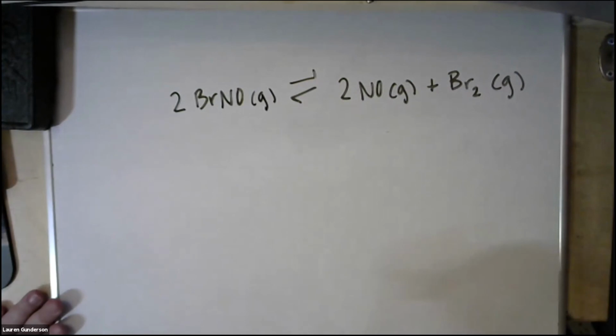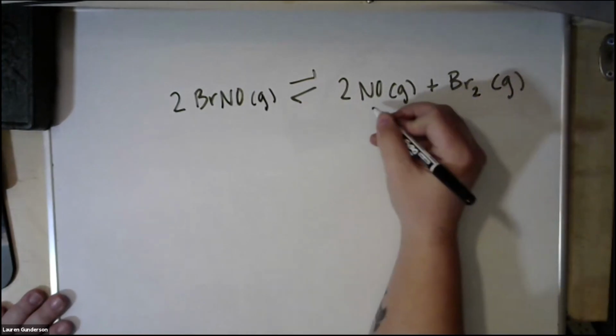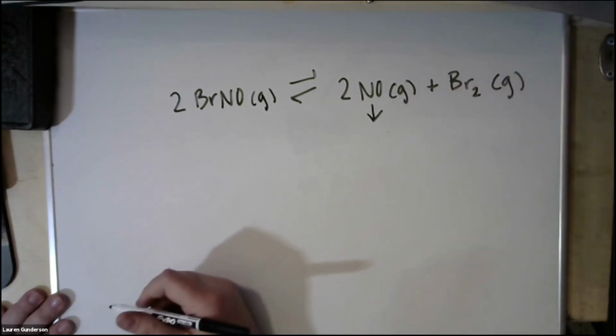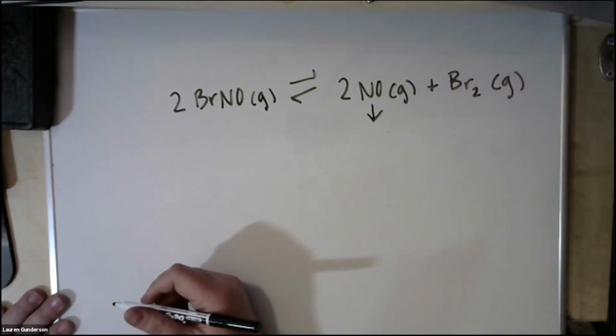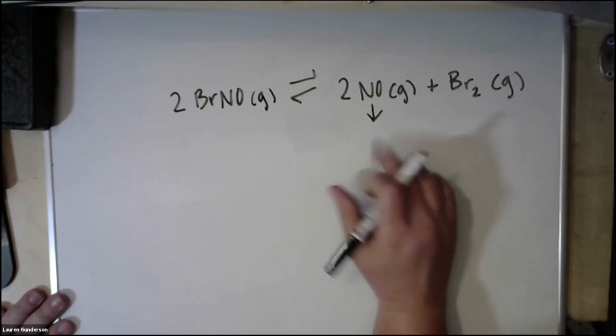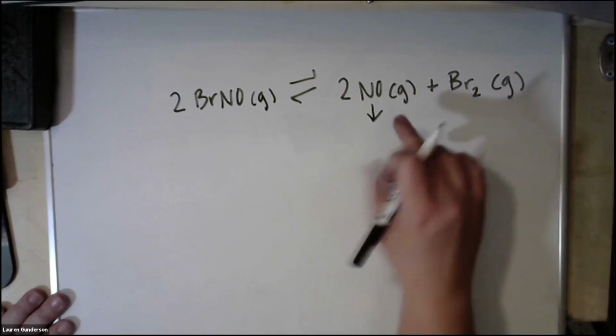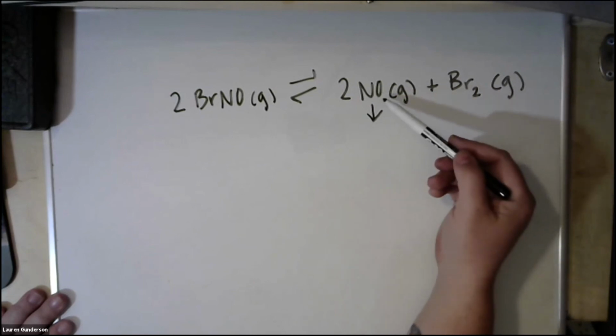Another question we can ask is, what happens if we remove some of the NO gas from the reaction mixture? Okay, if we remove some of that NO gas, well, now we don't have enough to be at equilibrium.